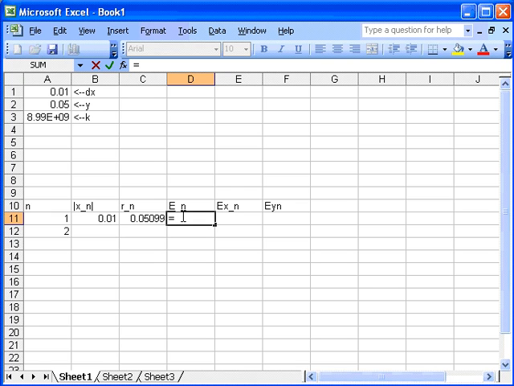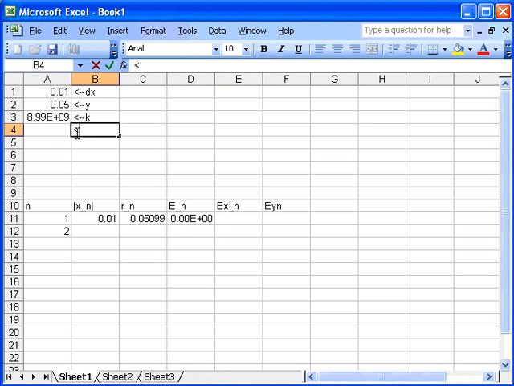And then this is equal to K times Q. I don't have a Q in there yet, so I'll put that right there. Slash R sub N squared.